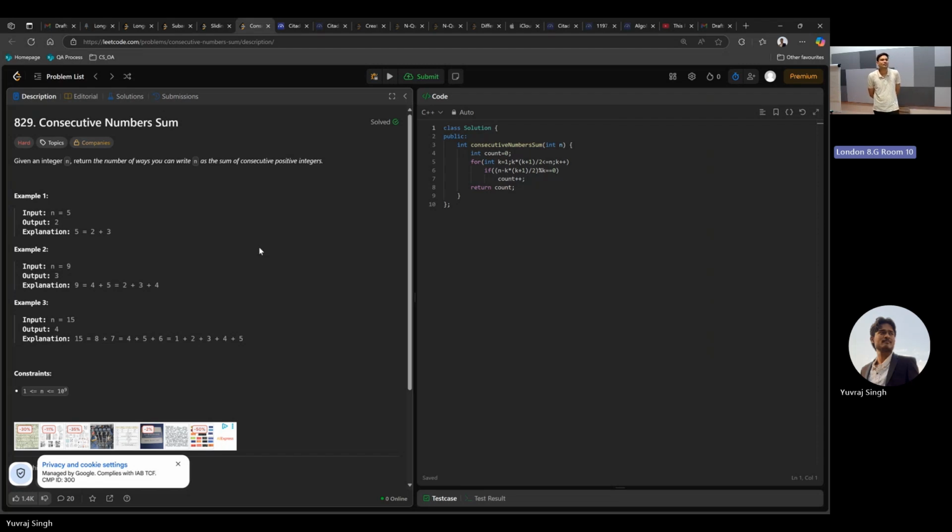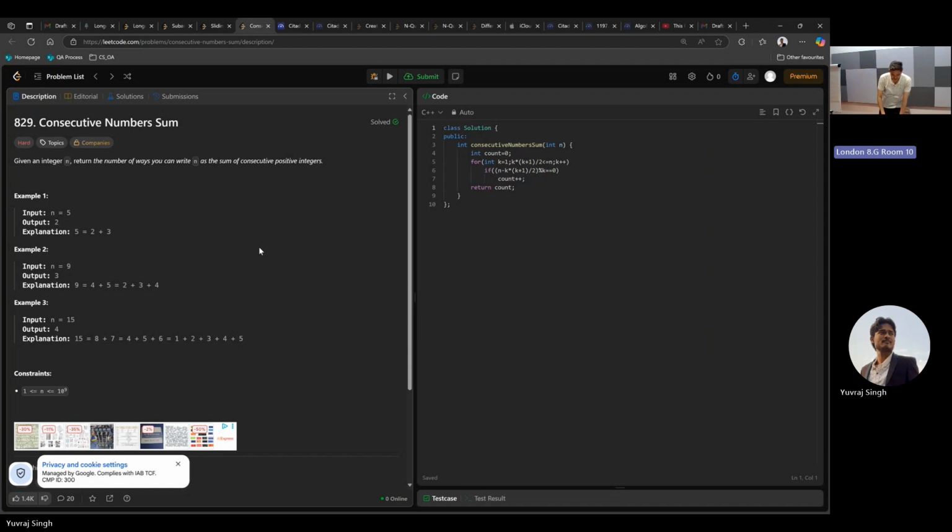For any given n, which can lie from 1 to 10 to the power 9, the value of n is very big, so we have to find the number of ways n can be written as the sum of consecutive positive integers.